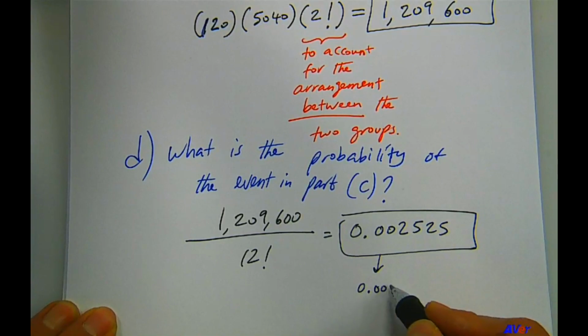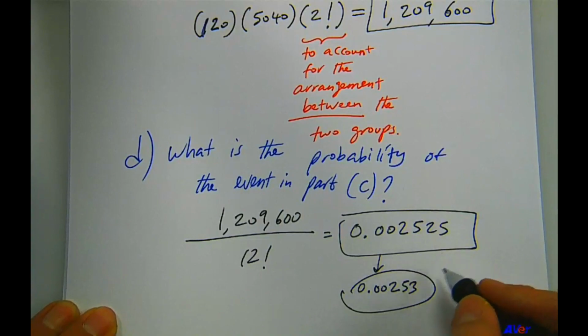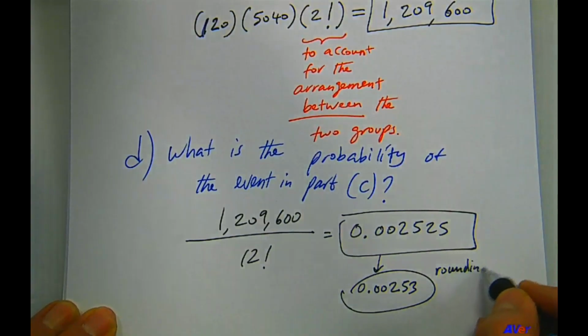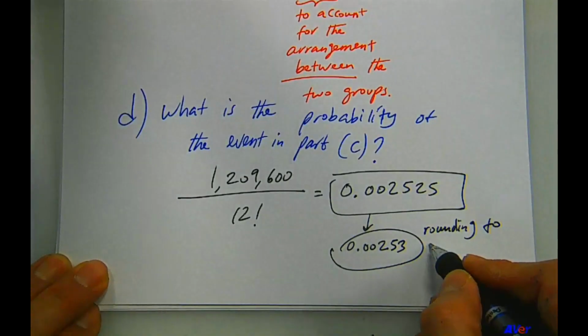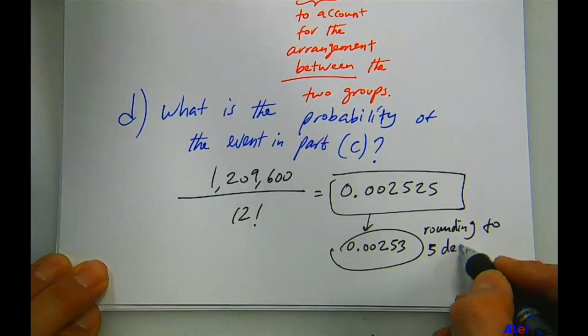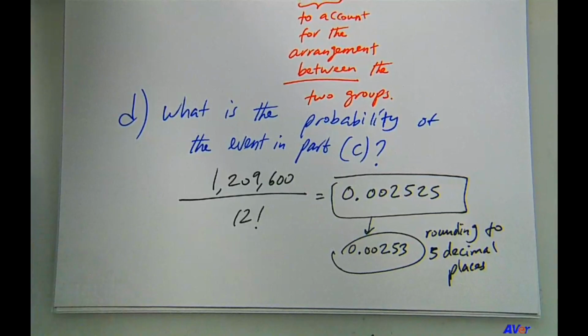So 0.00253 if we were to round to 5 decimal places. I'm mentioning these as we go along because on the exams it's quite likely that I will ask you to round your answers to a specific decimal place on the computer before you enter it on the computer.